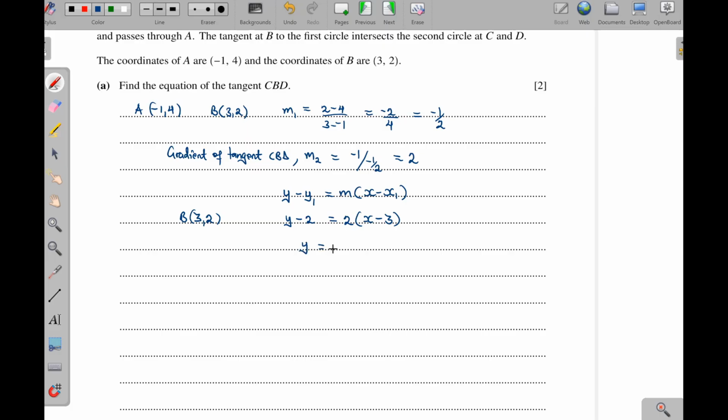Then y will be equal to 2x minus 6, then when this one crosses, it becomes a plus. That means the equation of that tangent CBD will be y equals 2x minus 4. And that is that.